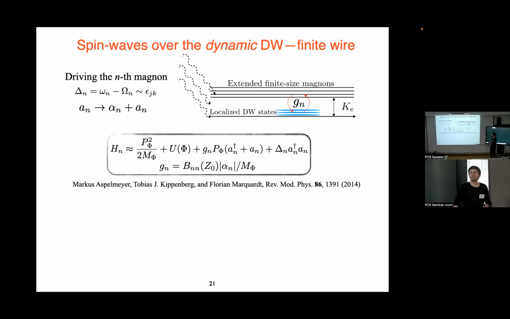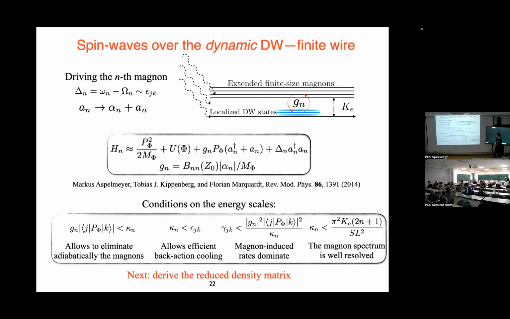So we are able to map our problem to cavity optomechanics, where we find this interaction here, G_n, that is controlled by the Berry phase, which is given by some integrals of the magnon wave function over the domain wall, times alpha_n, the amplitude of the magnon in mode n, which can be controlled by how much power you put in your system, and the effective mass. And now delta_n is comparable to the energy splittings there. So that's how we start.